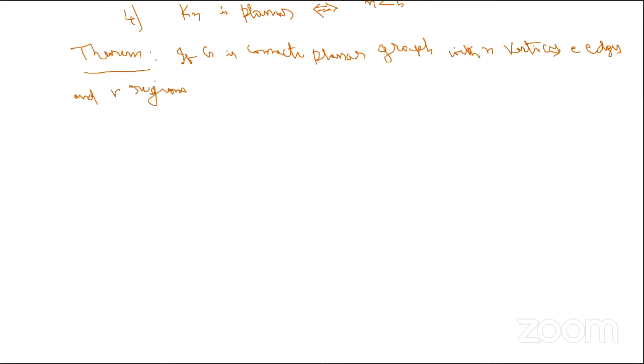All r regions of a connected planar graph, then n minus e plus r equals 2.